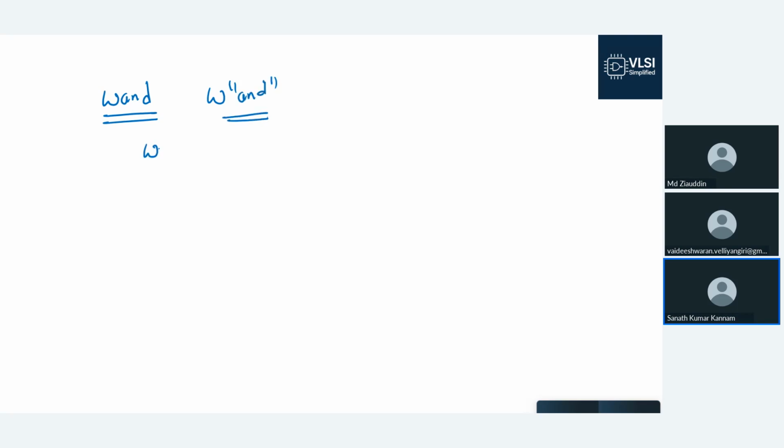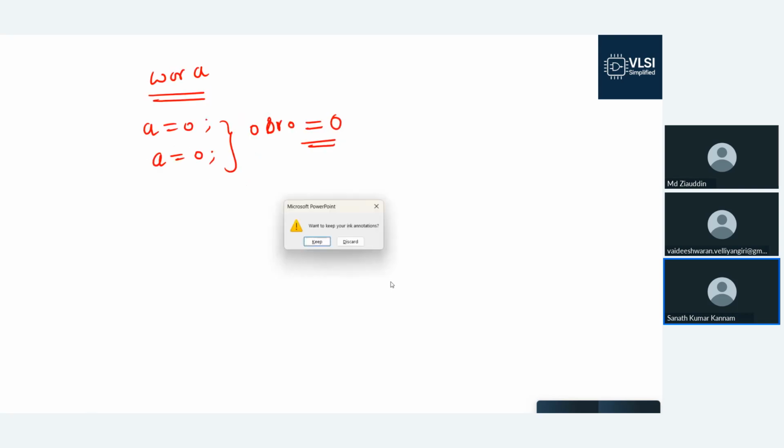So for wand M, assign M equal to 1 and assign M equal to 0, it will do 1 AND 0, which is equal to 0. You are getting the output as 0. So this is about the net data type. We discussed the net data type.